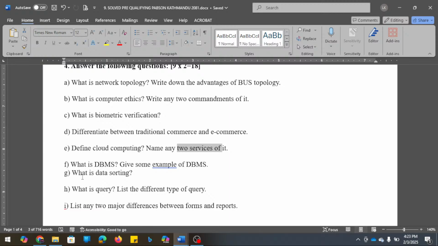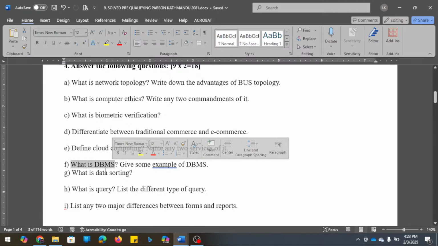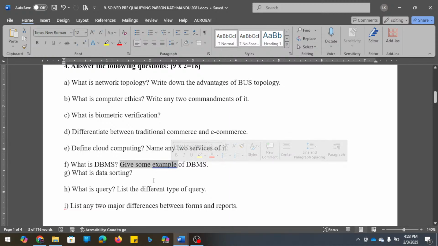Next, what is DBMS? DBMS stands for database management system. Simply we can say it's software which is used to manage the users as well as the data of our organization. Examples can be MS Access, Oracle, SQL, MySQL, etc. What is data sorting?